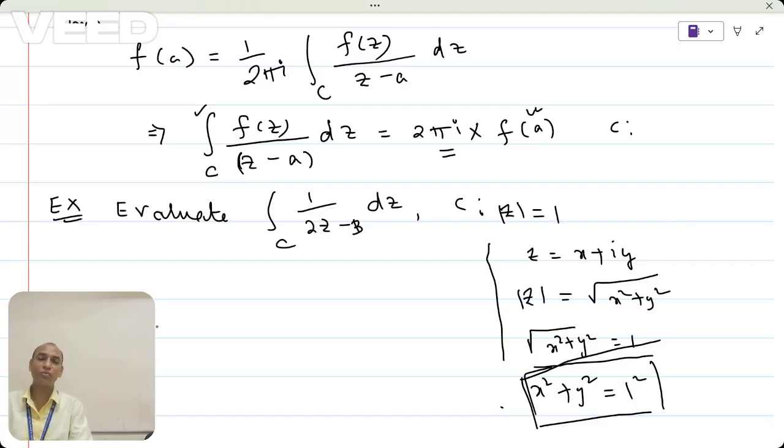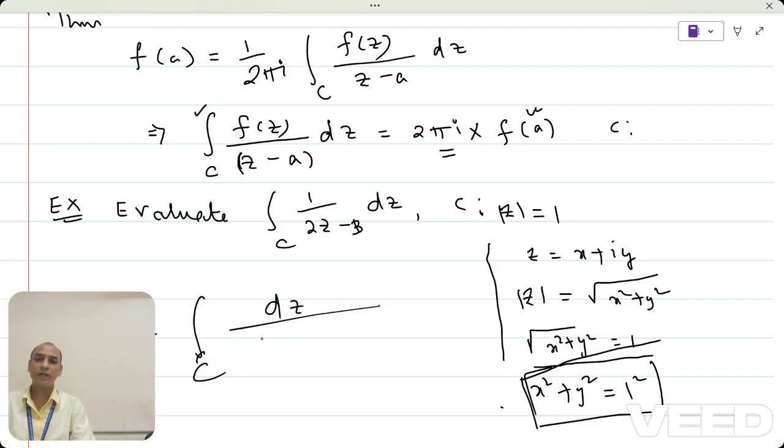So I can write this one as integration over C, dz divided by, if I take 2 common, what we will get? We will get it as like this.